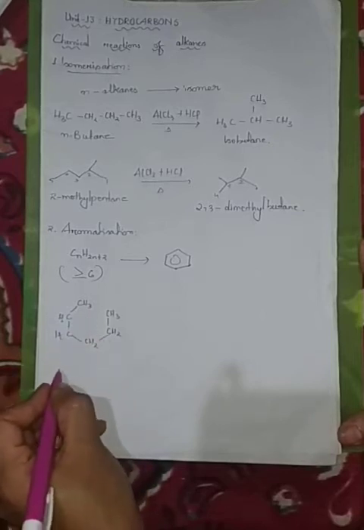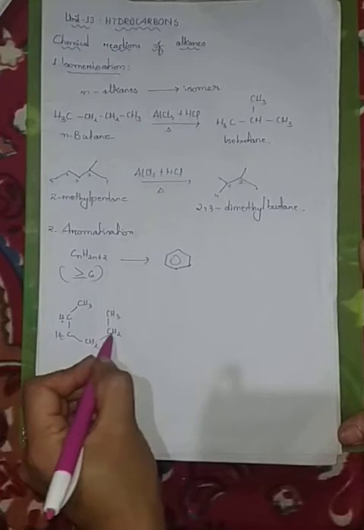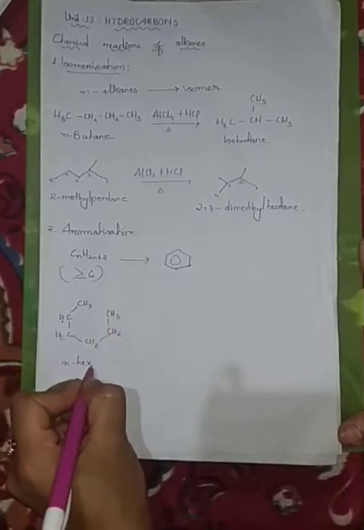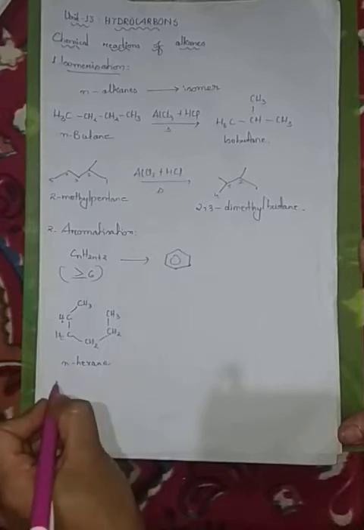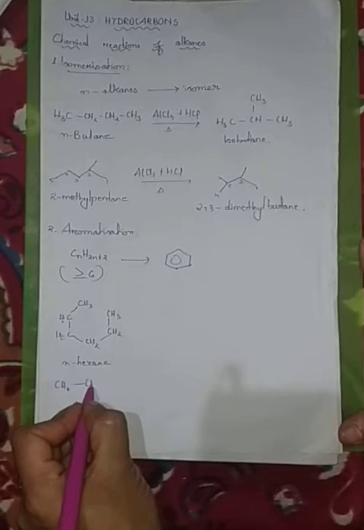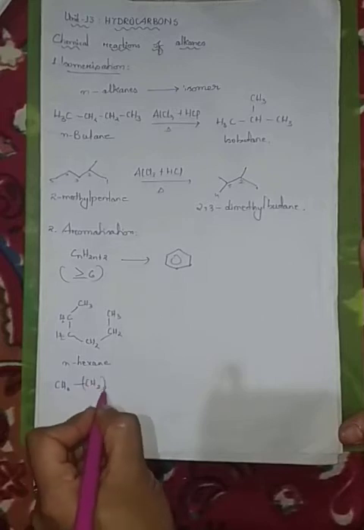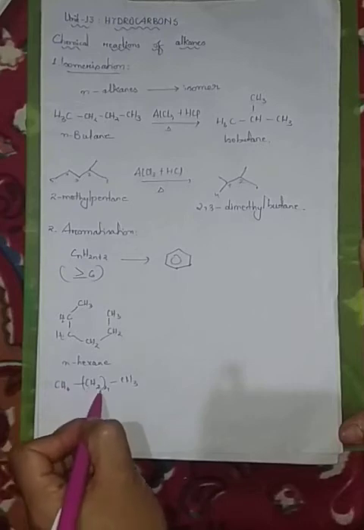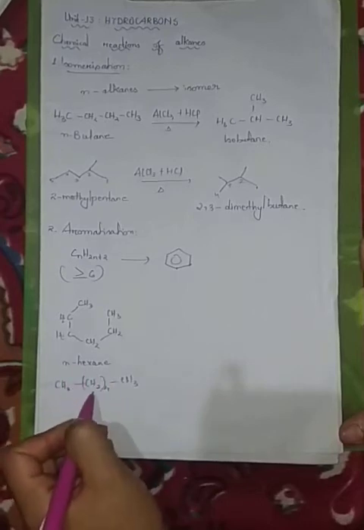This is 1, 2, 3, 4, 5 and 6 carbon atoms, therefore it would be n-hexane. n-Hexane can be written as CH3, four times CH2, and then CH3. So 6 carbon atoms means n-hexane.